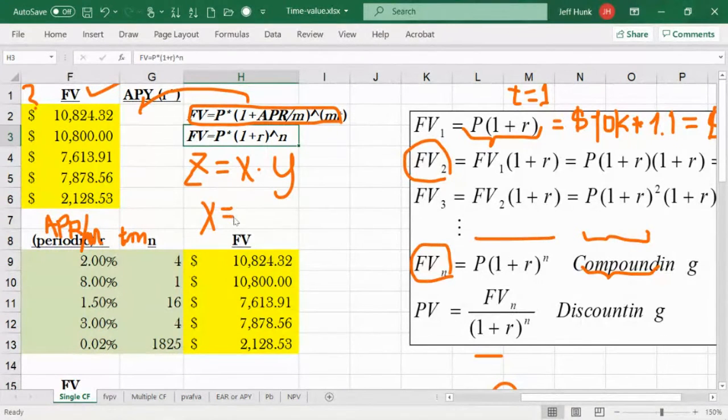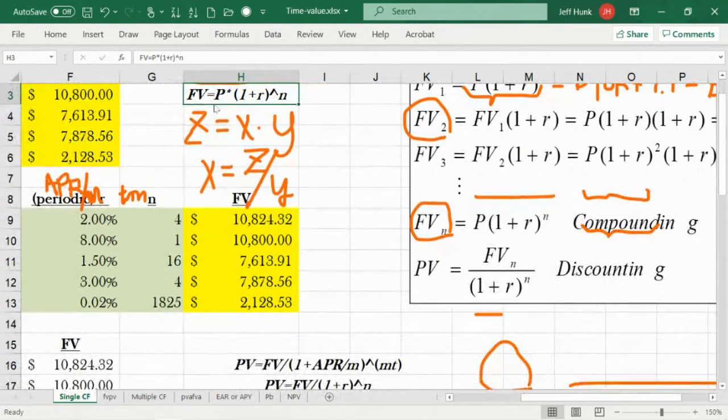If you want to solve for x, then it's z divided by y. It's the same thing for y, right? Solving for y is z divided by x. So since P is the x, P is the unknown, what do you need to do? You'll need to divide.